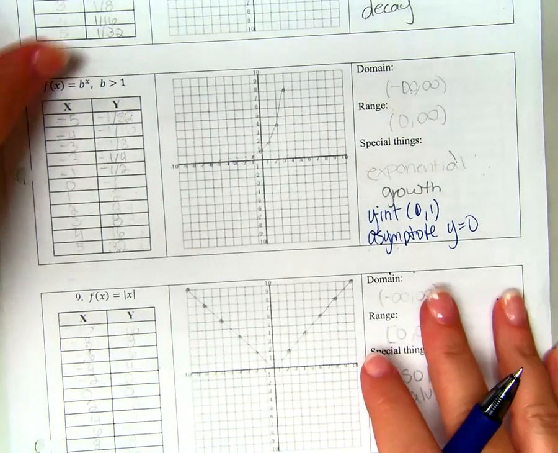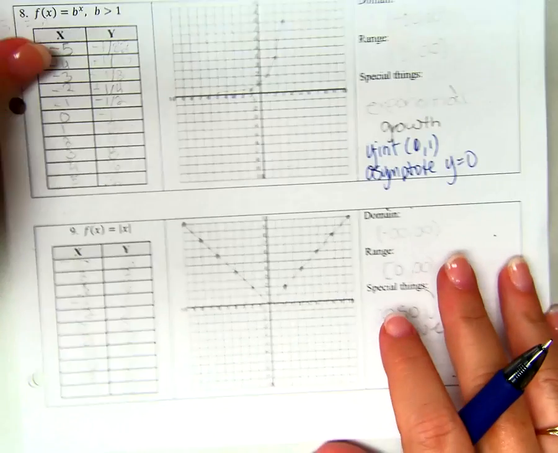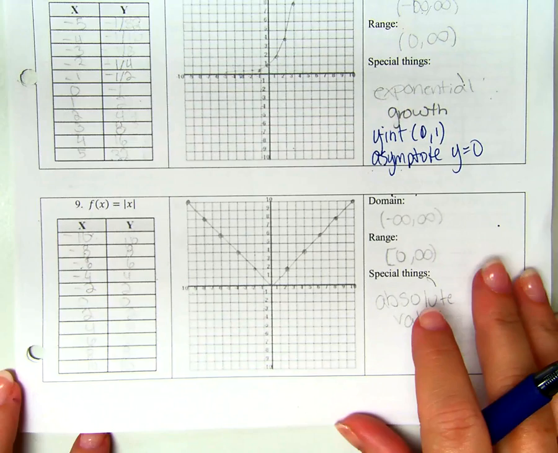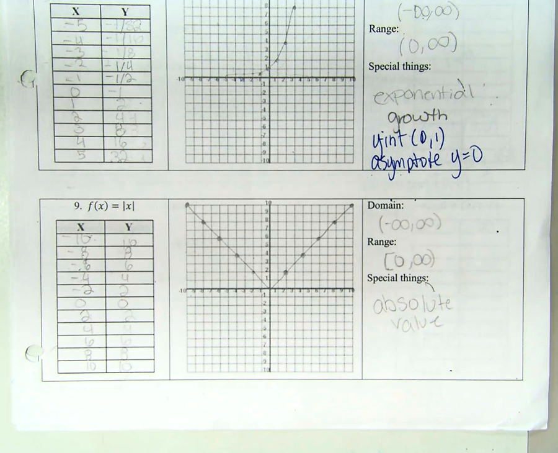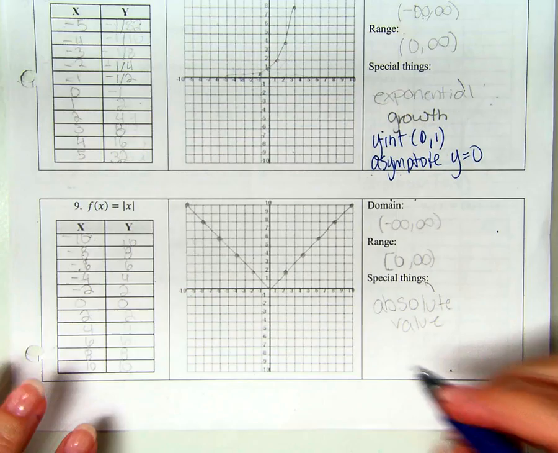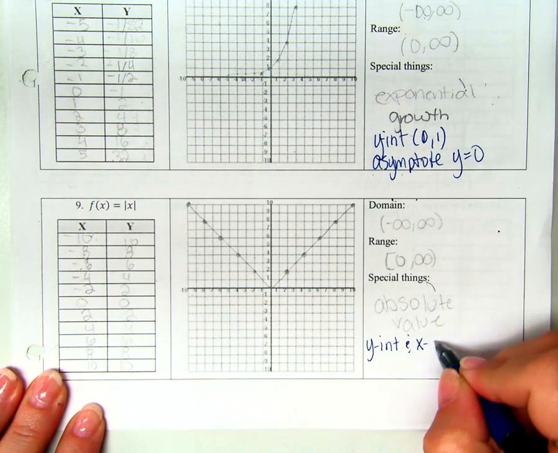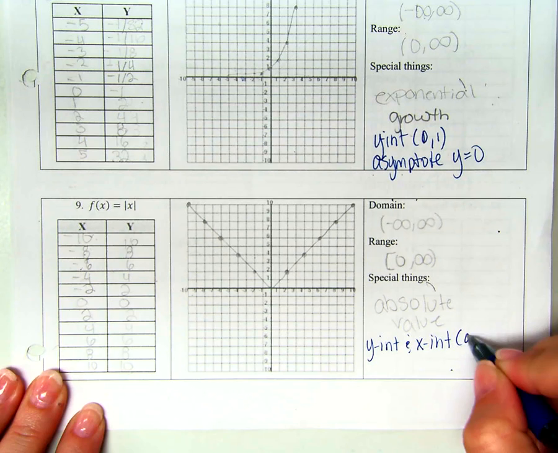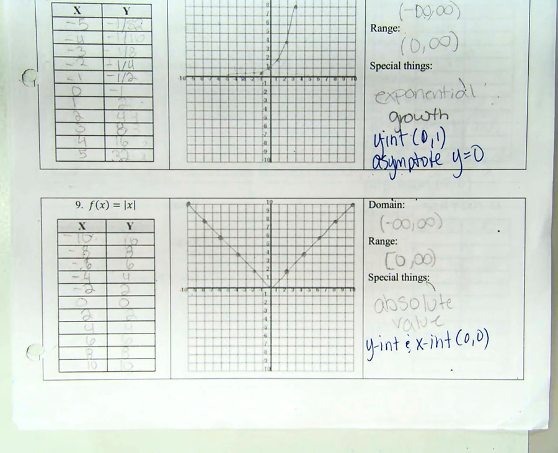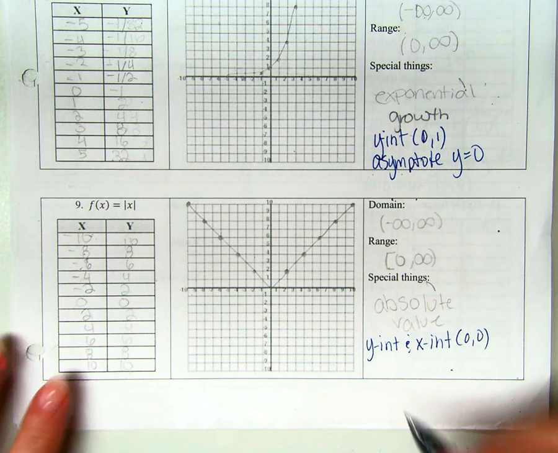Look at number 9. Y-intercept. X-intercept. So our y and our x-intercept is at 0, 0. Symmetry. Oh, there is one this time? Where?